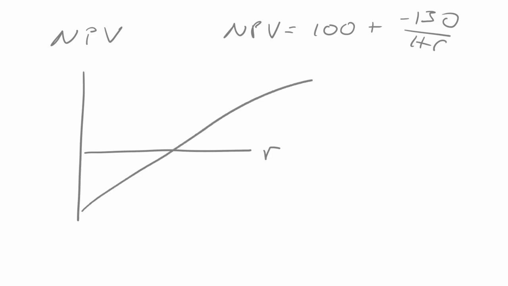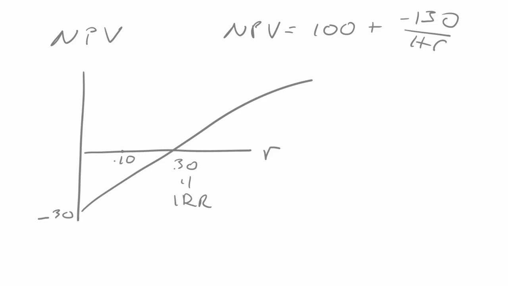It looks something like this. It crosses the x-axis at the IRR, which is 0.30. 10% is somewhere over here.